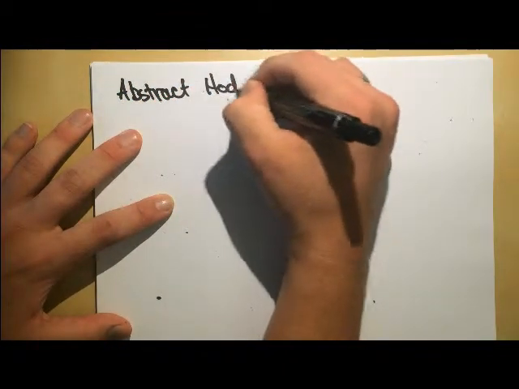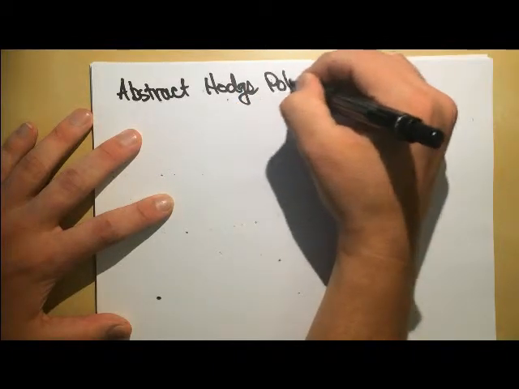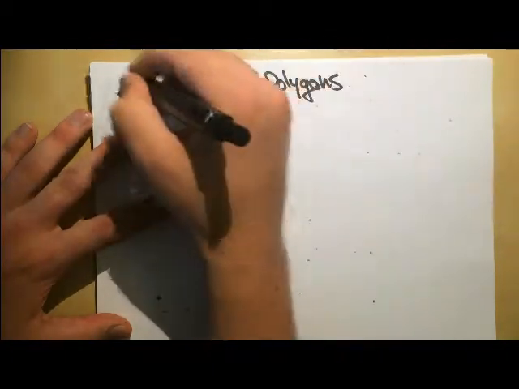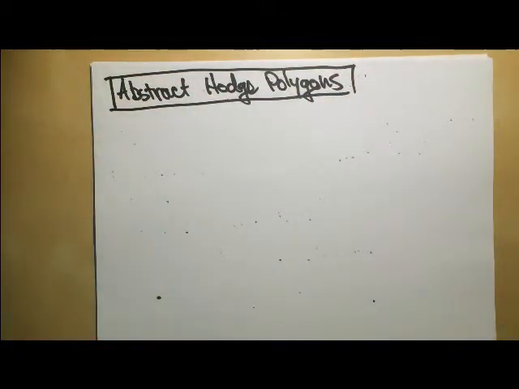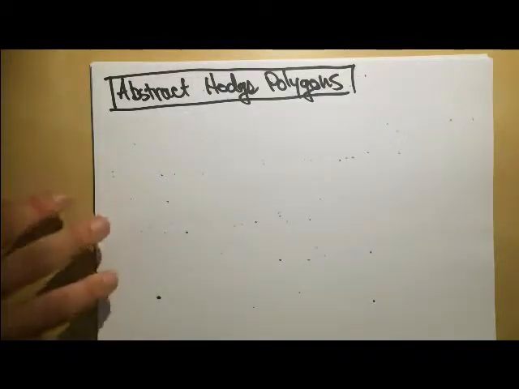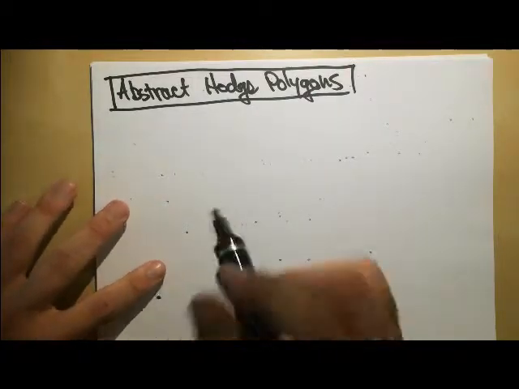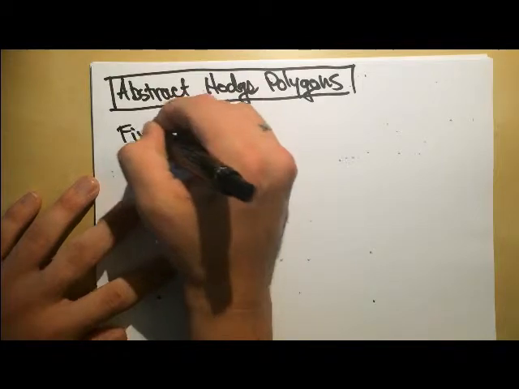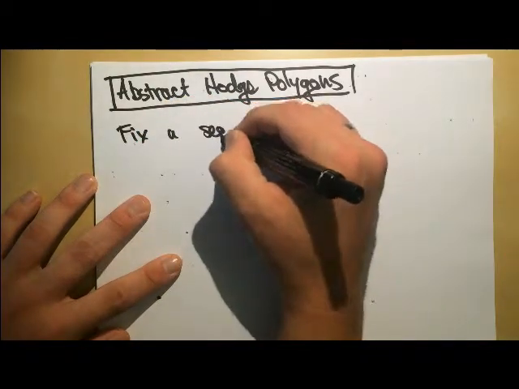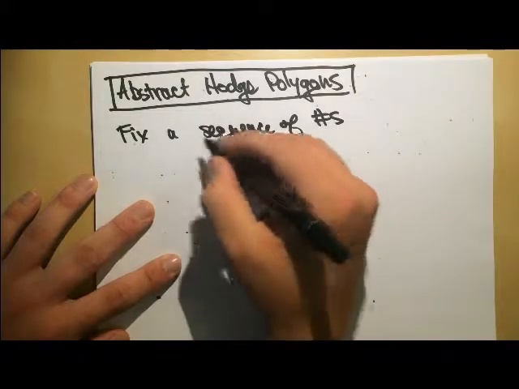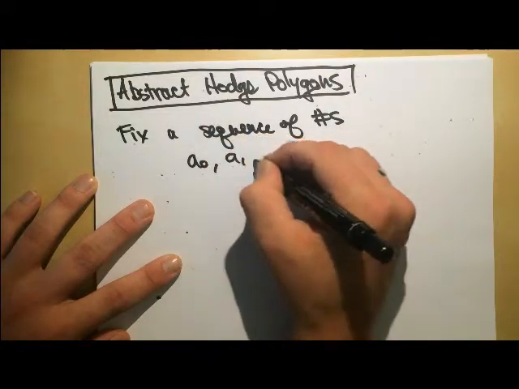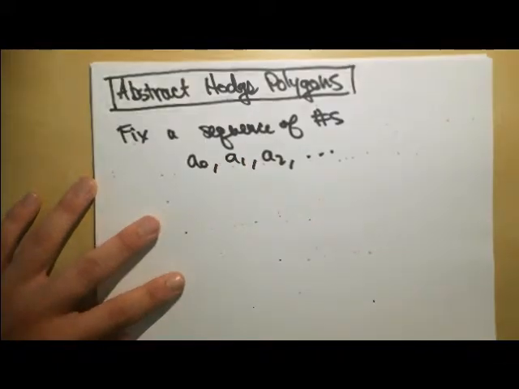Hodge polygons. So let's fix a sequence of numbers, a0, a1, a2, and so on and so forth.